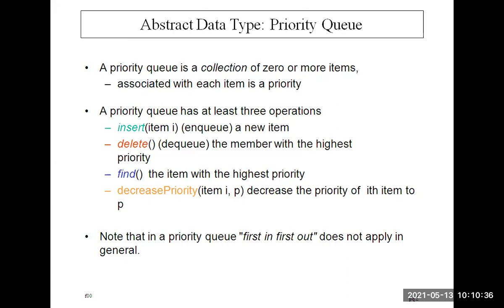Okay. So here priority queues have three operations: insert, delete, and find and decrease. Insert means insert an element into the queue, delete means delete the item in the queue, and find means you can find which item has the highest priority using the find function.